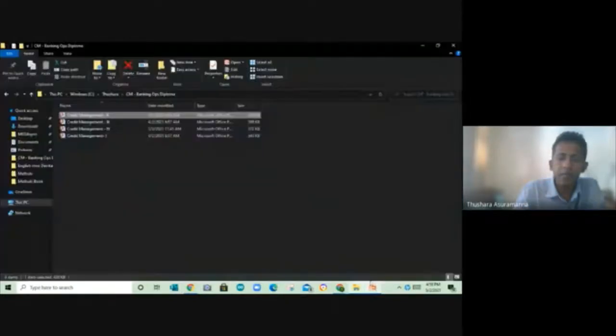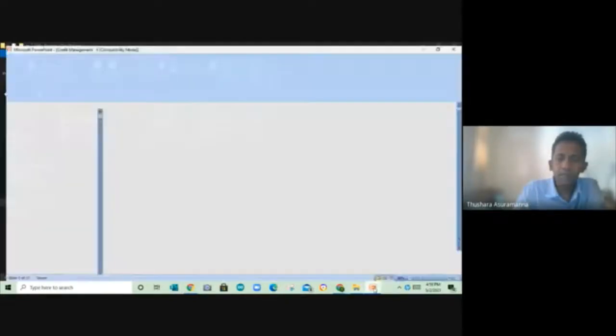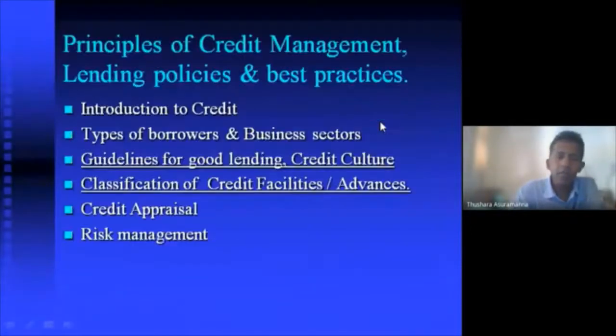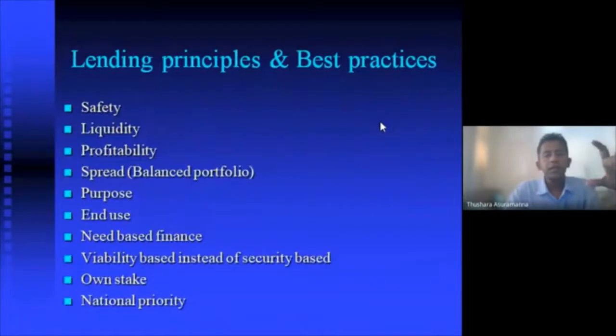Then when we come to part 2, we learn about the lending principles and best practices. Very important area: safety, liquidity, profitability, spread, purpose, end use, need-based finance, viability-based finance, own stake, national priority. These 10 are very important.